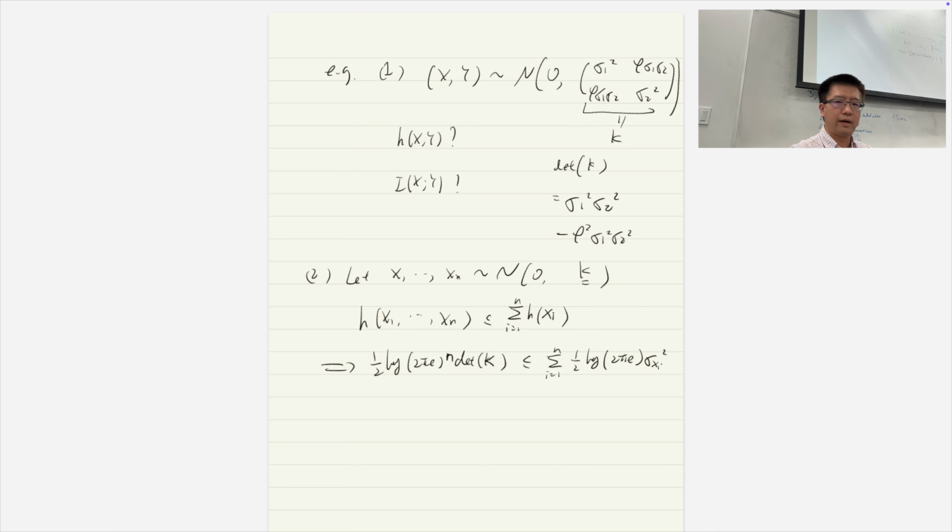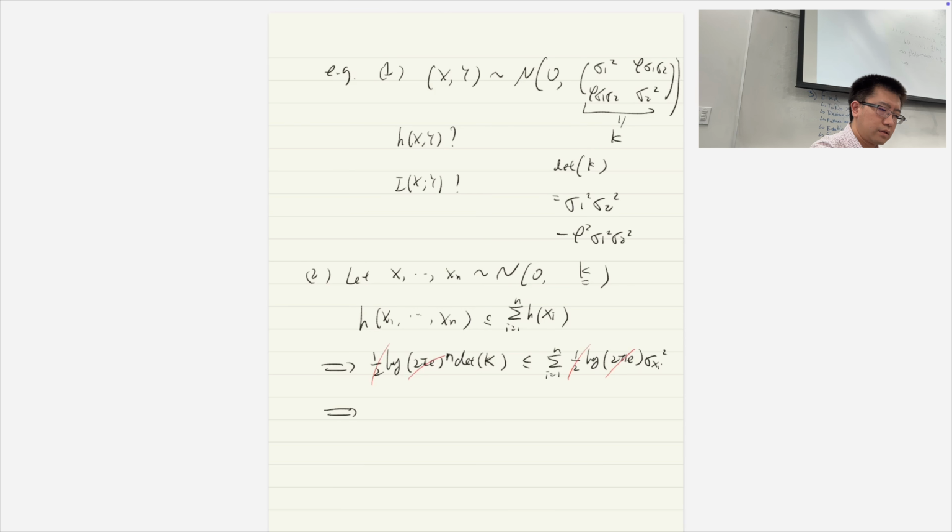Okay, and now let's move the summation inside and see what we can get. There's some simplification we can do. So we can ignore this half. And when we move this n inside, this can also be ignored.